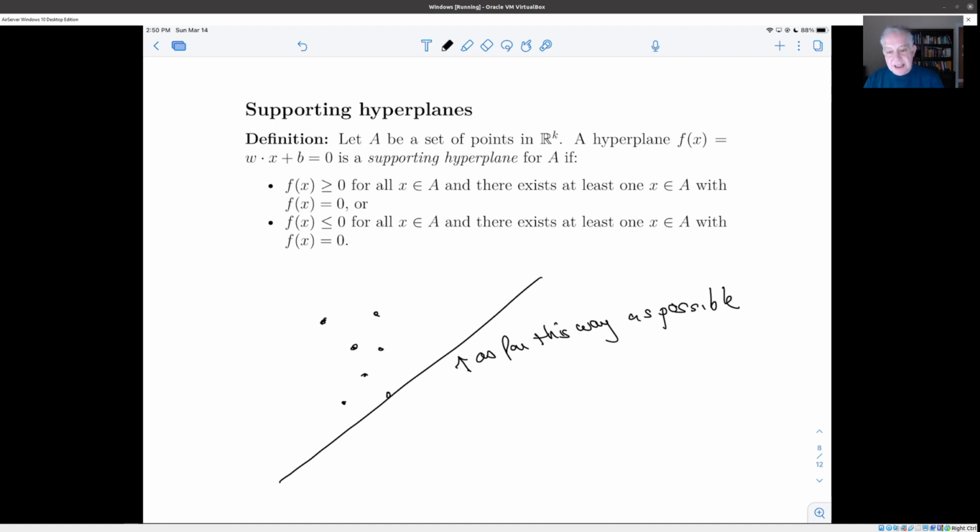And you have to give the definition in two forms, because it's either everything's on the positive side except that something's on the hyperplane, or everything's on the negative side except that something's on the hyperplane. But the important point is that everything's on one side, and you can't move it any farther because one point's on it. If you moved it any farther, you'd leave a point on the wrong side. That's called a supporting hyperplane.